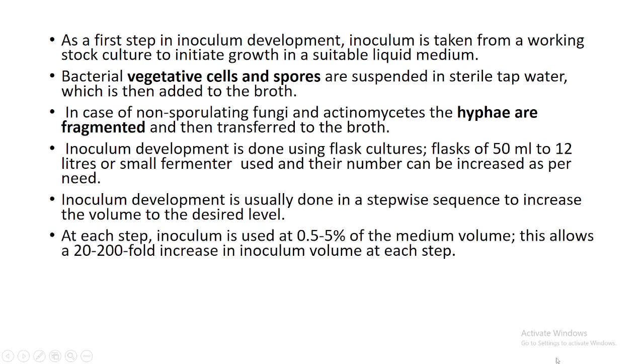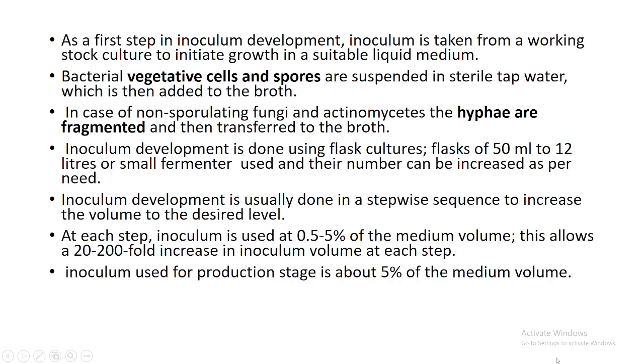So at each step, what are you doing? You are using 0.5 to 5 percent of inoculum and adding it into the medium. And in this medium, it is allowed to grow to increase 20 to 200 fold by division. And when it is growing well, it is taken to the next volume.